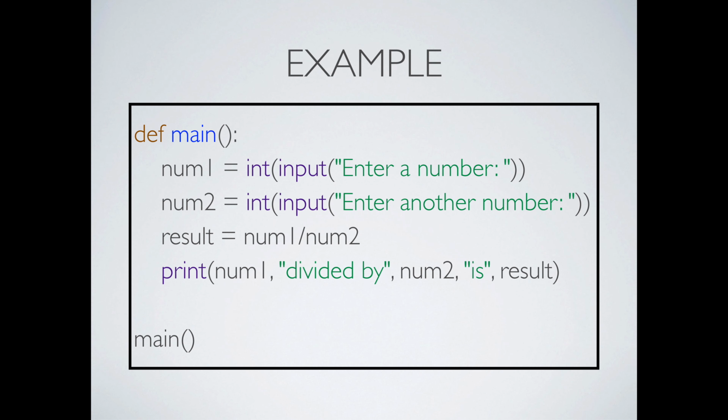So let's think about this code for a little bit. What are some potential errors that might happen when I run this code? What is something that someone could type in that could cause issues for us?